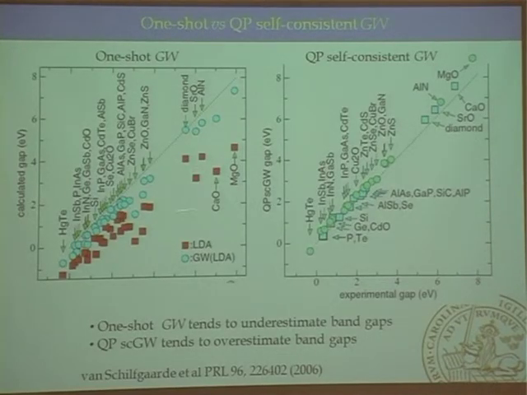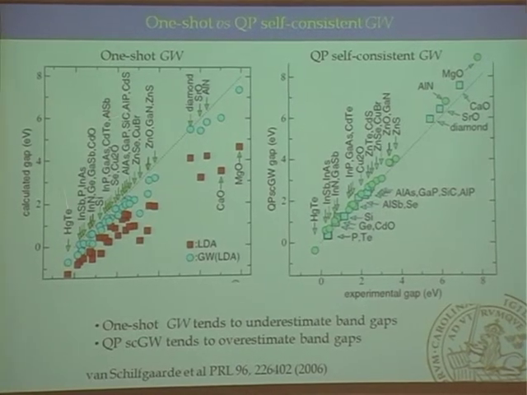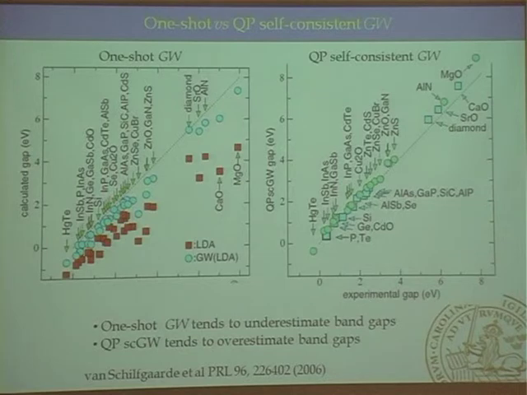So these are the results when you do one-shot GW. This is the picture I showed in the very beginning. And I compare this result with the quasi-particle self-consistent GW. As you can see here, the self-consistent GW at the quasi-particle level improves things quite a bit, actually.